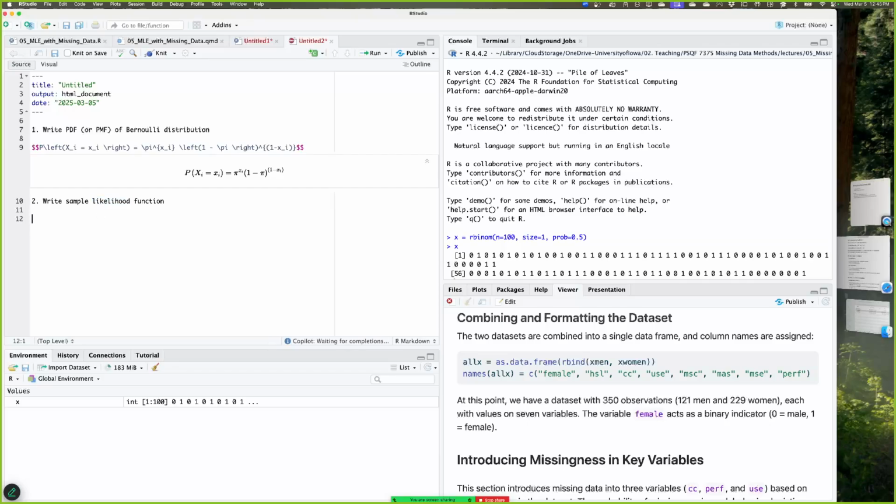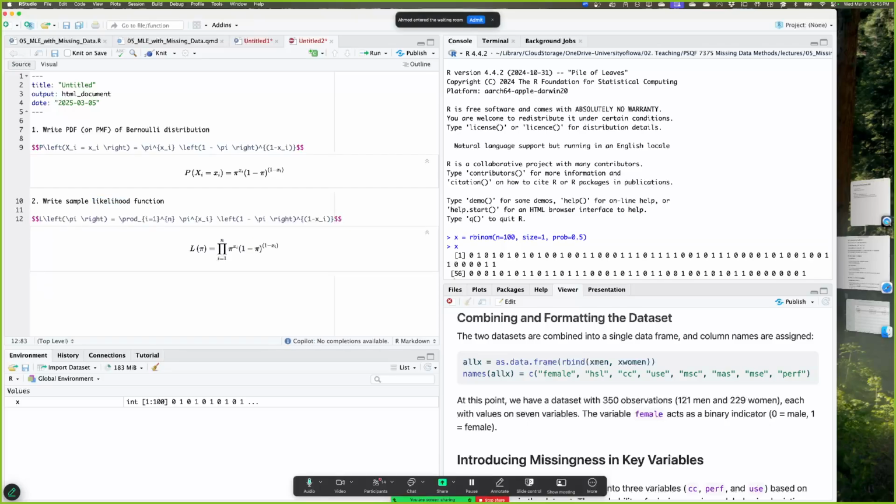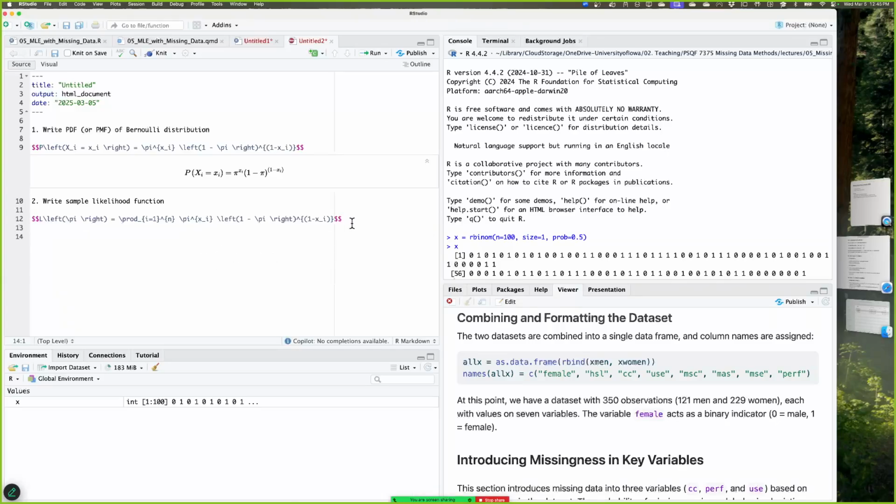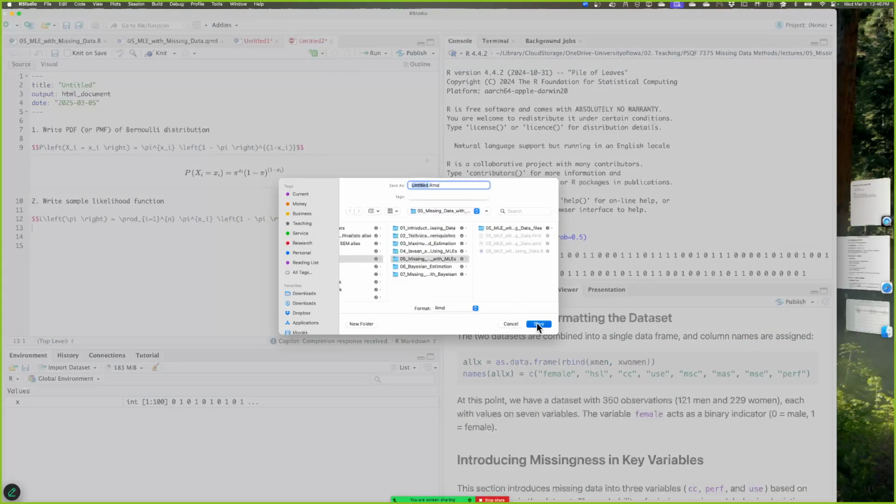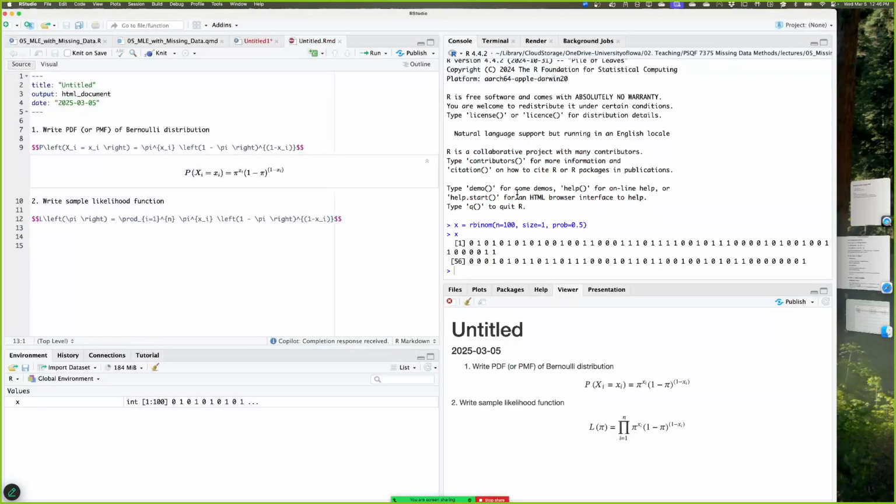Let's see if GitHub Copilot suggests it correctly. Let me save this. So it turns out, yes, it did. What do you know? So the sample likelihood function, if you give it pi, takes the product over all people of the PDF against all people. Is that making sense so far? Cool.